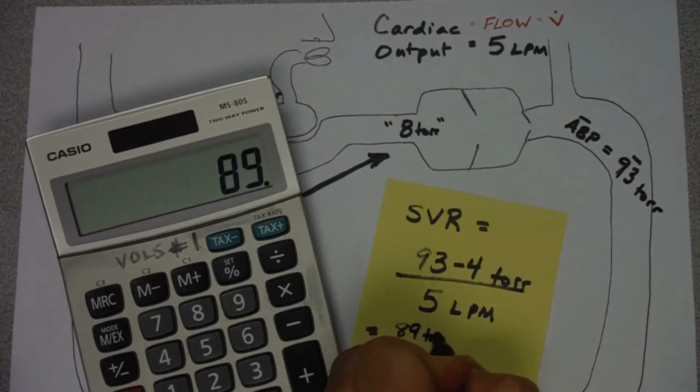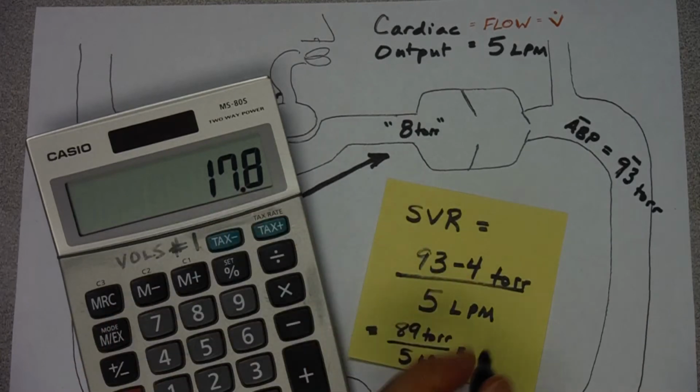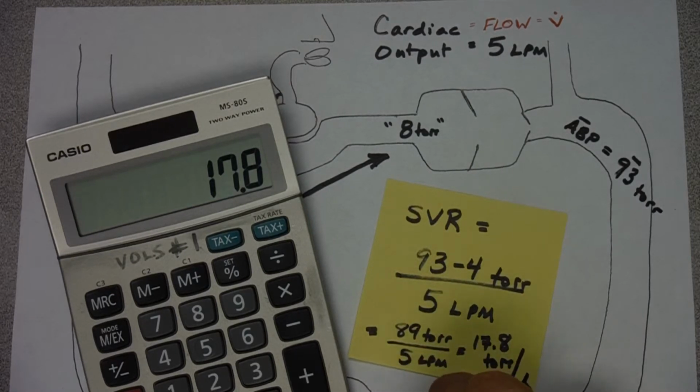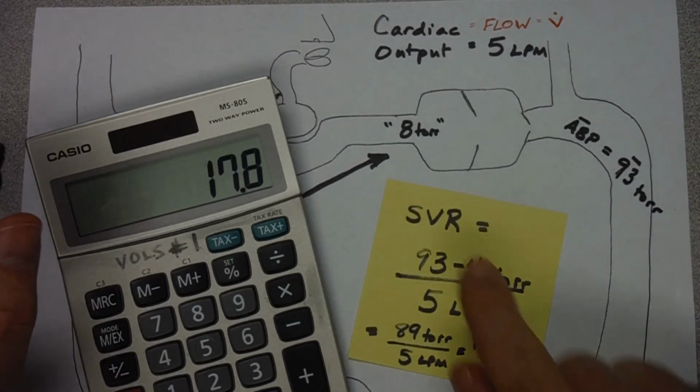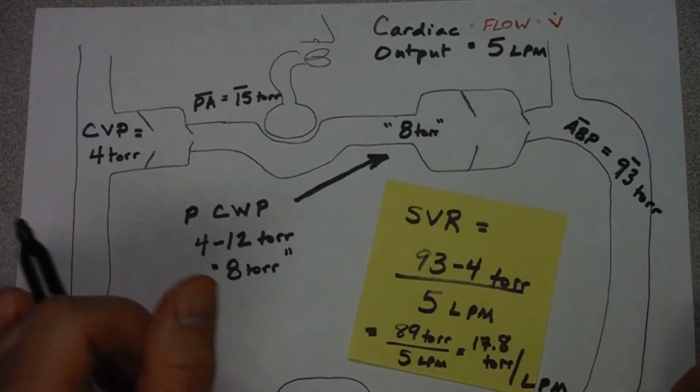So we've got 89 torr over 5 liters a minute. And we solve for that. 89 divided by 5 equals 17.8. And then the unit of measure is millimeters of mercury, or torr, over liters per minute. So it'd be 17.8 torr over liters per minute. And we've just calculated the systemic vascular resistance. That's the value. All right, cool.